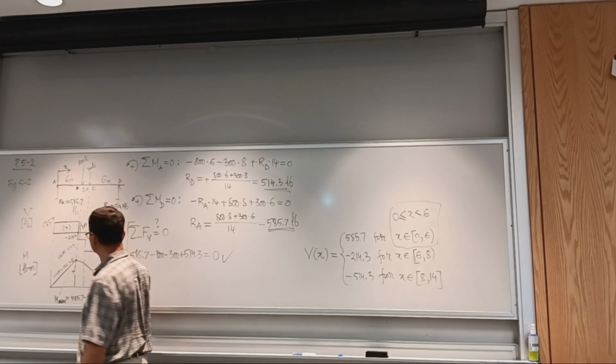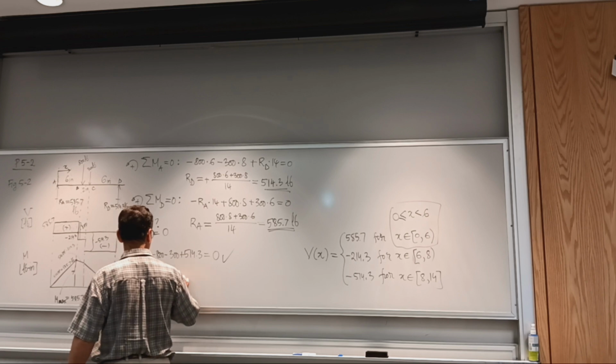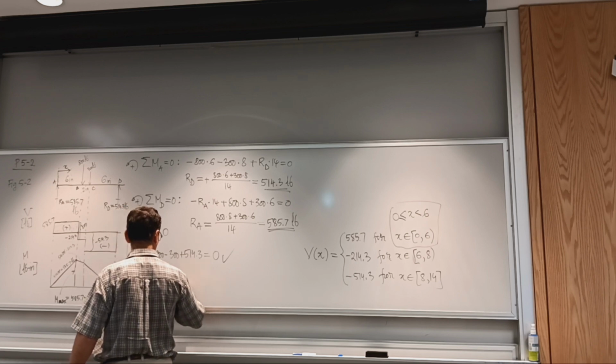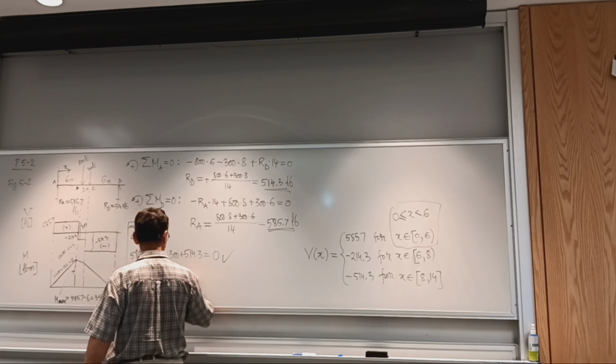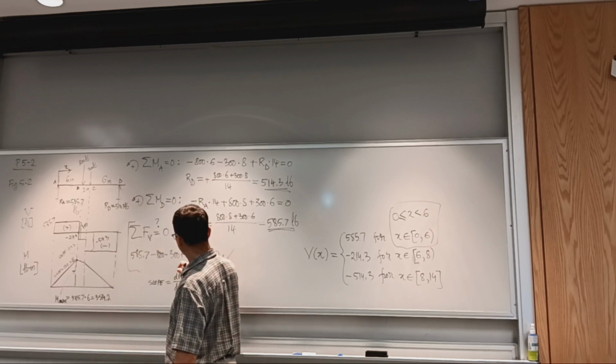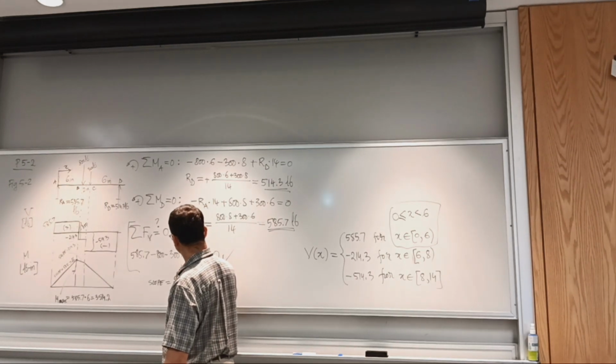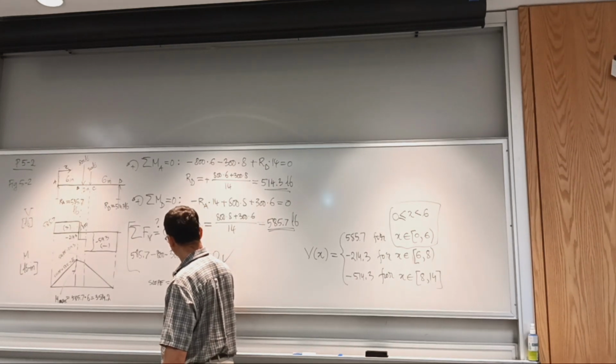So the slope of M is going to be dM over dx. M is a function of x. M is in pound inch divided by inch. So I have on top pound inch, below I have inch.